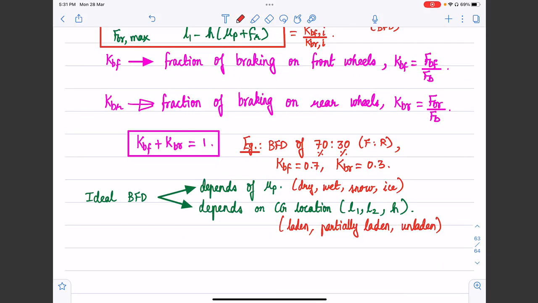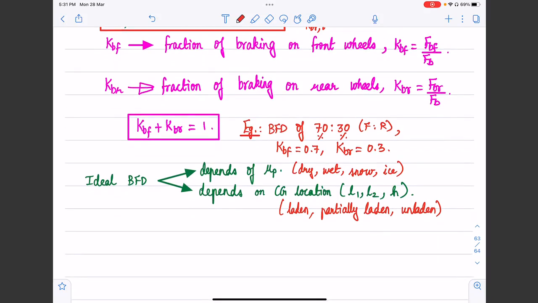This also affects the mass distribution between the front wheels and the rear wheels, and consequently will affect the values of L1, L2, H. So although the same vehicle may operate on the same surface, its loading conditions can also differ drastically, and that can in turn influence the ideal brake force distribution.